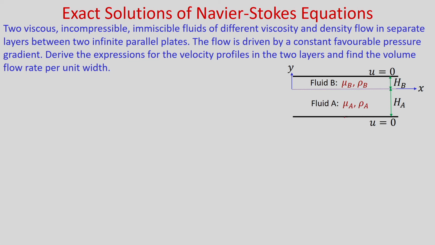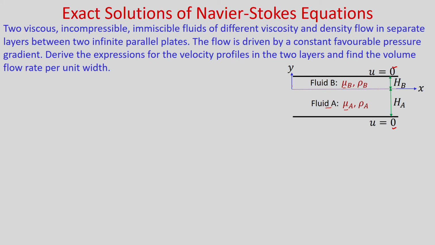This is the problem. So, we have two stationary parallel plates where the velocities are 0, and two layers, one is fluid A whose viscosity is mu A and fluid B whose viscosity is mu B. For convenience, we have taken the axis from the interface of these two layers.